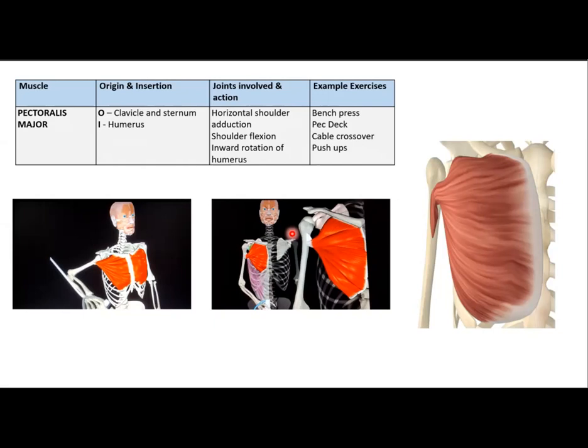But the main function of your posterior deltoid is shoulder extension. The main function of your medial part is abduction, and the main purpose of the anterior is flexion in your shoulder.